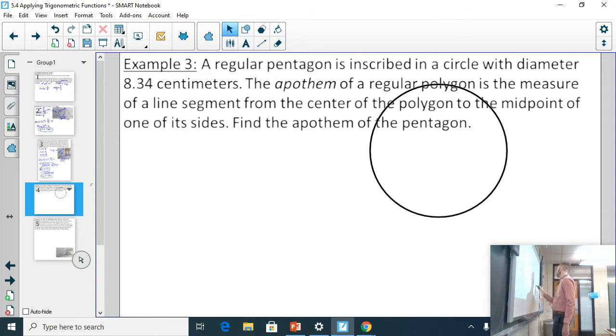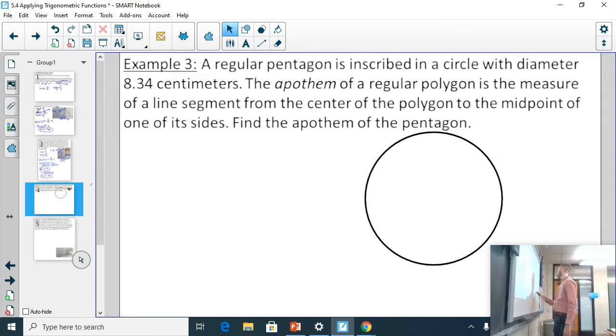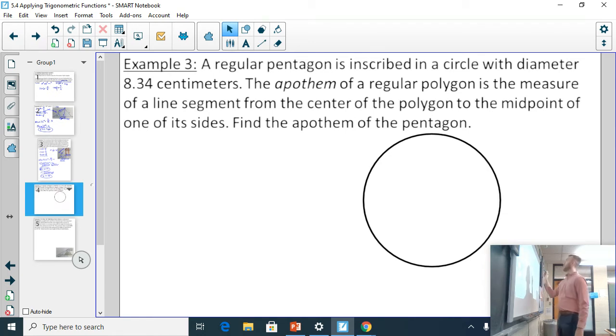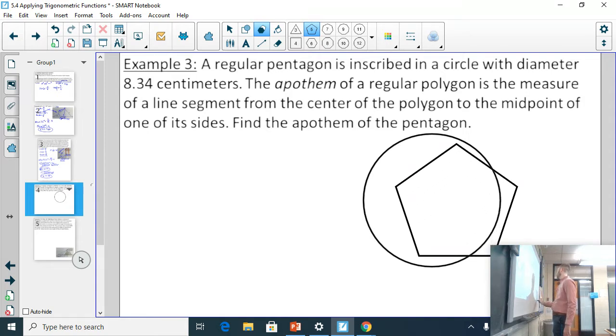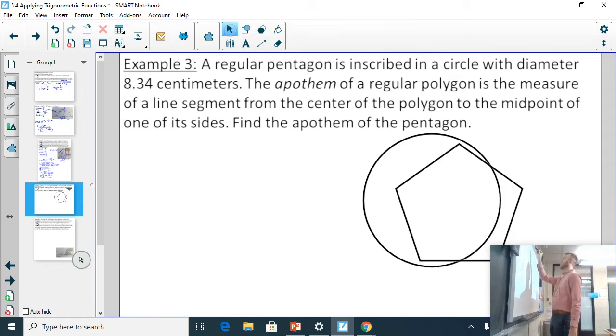We have a circle, down a little bit, and a pentagon is inscribed. So let me do my best. Maybe that's good enough.